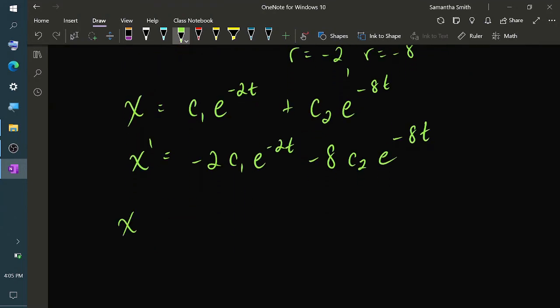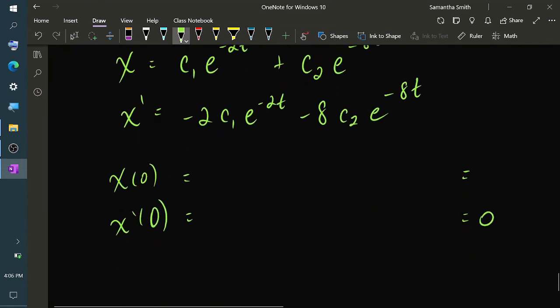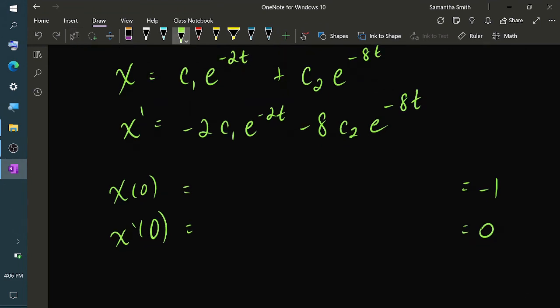And if we plug in 0 to the function and to its derivative, the object was released from rest, so its initial velocity was 0. Its initial position was 1 meter below equilibrium. And if I plug in 0, I get c1 plus c2.